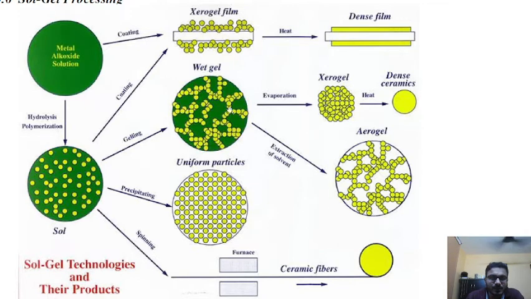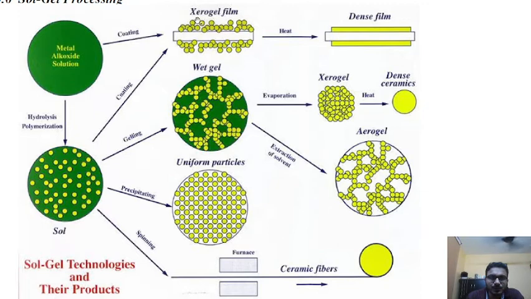Similarly, we can obtain wet gel and uniform particles through various processes. That is, the gelling of sol gives us wet gel, precipitation of sol gives us uniform particles, and spinning of sol through this furnace gives us ceramic fibers.